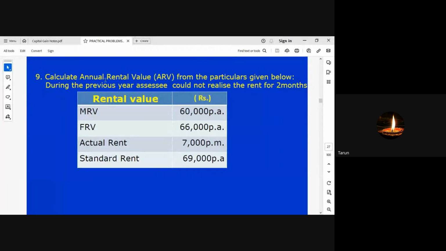These particulars are given in the present slide: MRV is 60,000 per annum, FRV is 66,000 per annum, actual rent is 7,000 per month, and standard rent is 69,000 per annum.